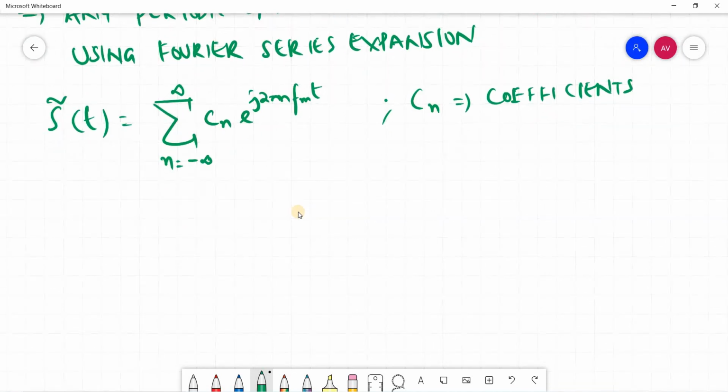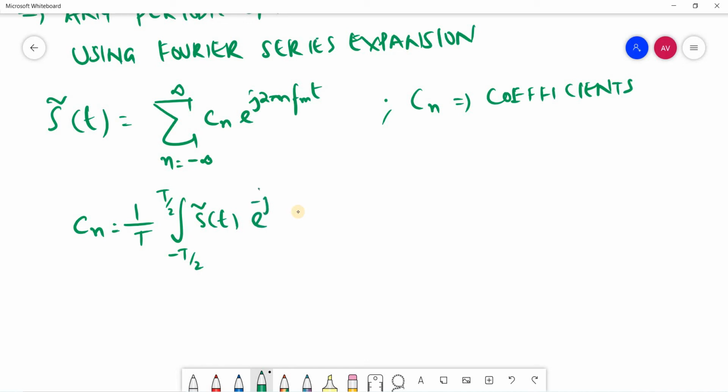And Cn can be obtained as follows. For any periodic signal with period T, the Fourier series coefficients can be obtained in general as 1 by T integral minus T by 2 to plus T by 2, s tilde of t times e power minus j 2 pi n Fm t, dt.